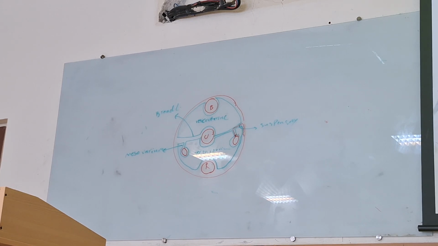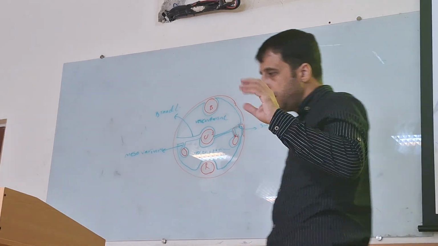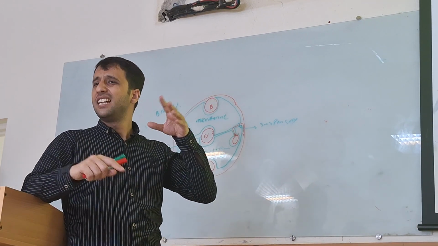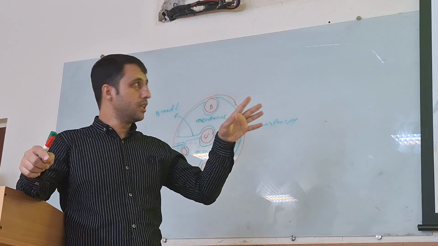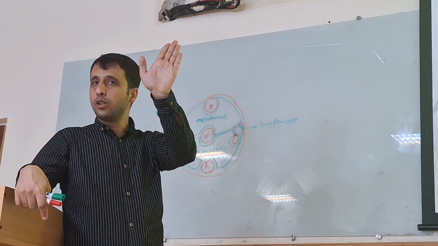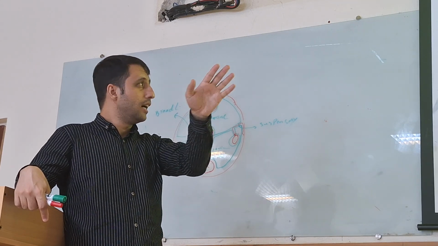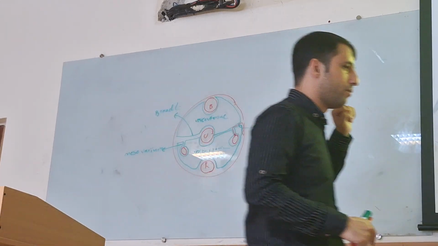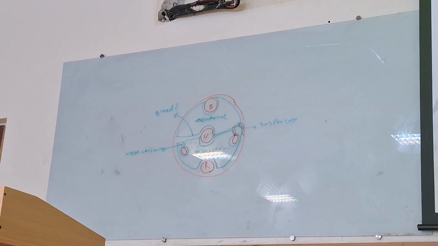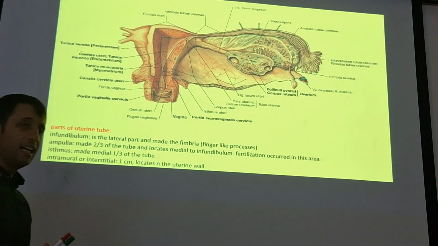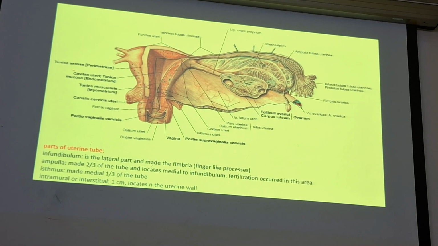Okay, uterine tube. The uterine tube is an intraperitoneal organ, about 10 centimeters long, attached to the lateral border of the uterus and traveling laterally to arrive at the ovary. It has four main parts.